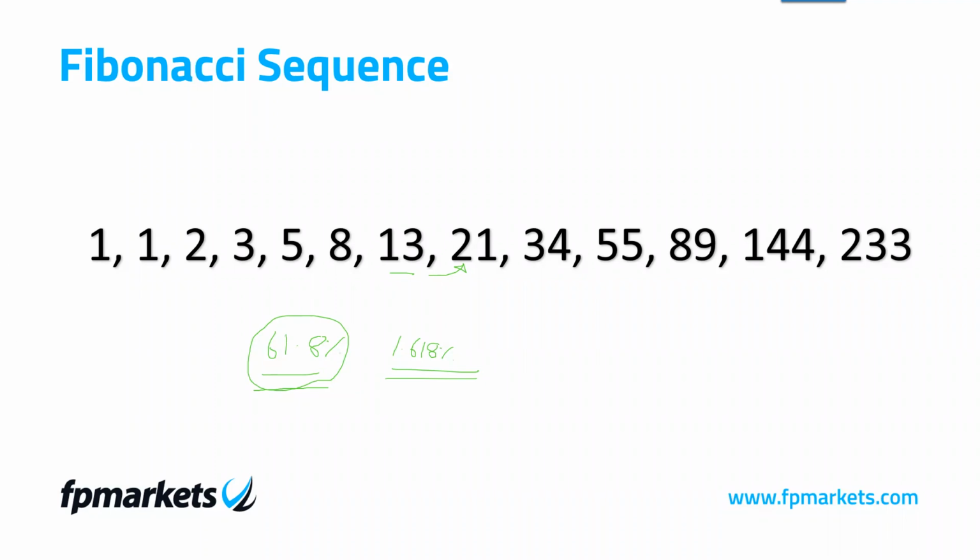Now, just to be clear, if you want to find the 1.618, other than taking the inverse of 0.618, you can divide 21 by 13. So you divide by the value previous to find the 1.618 ratio. You can have a try of that yourselves, guys.